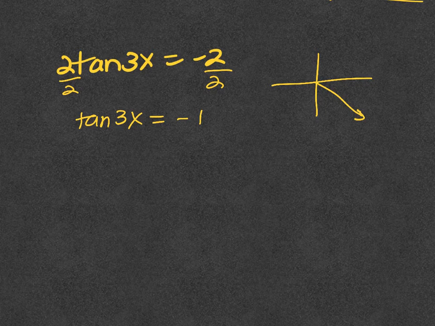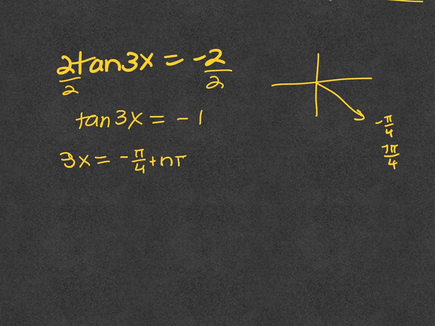Technically, fourth quadrant is all you need when you're adding on the interval, which would be -pi/4, or if you did 7 pi over 4, I gave them both. So then it would be 3x equals -pi/4 plus n pi, or 3x equals 7 pi over 4 plus n pi.